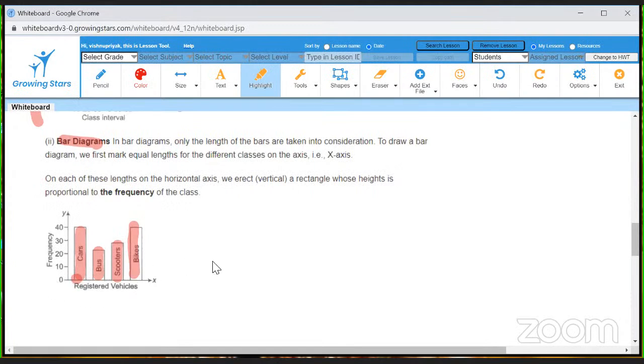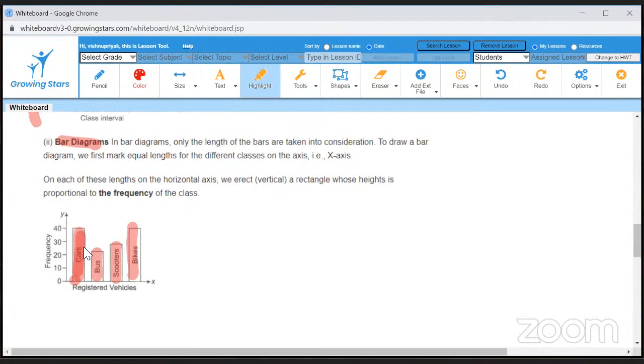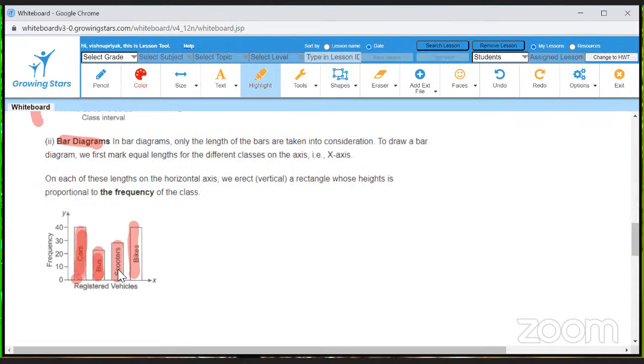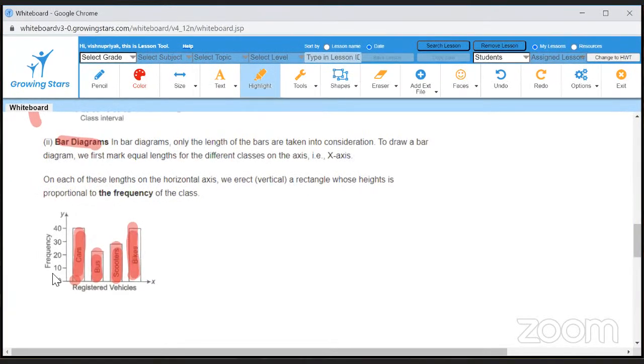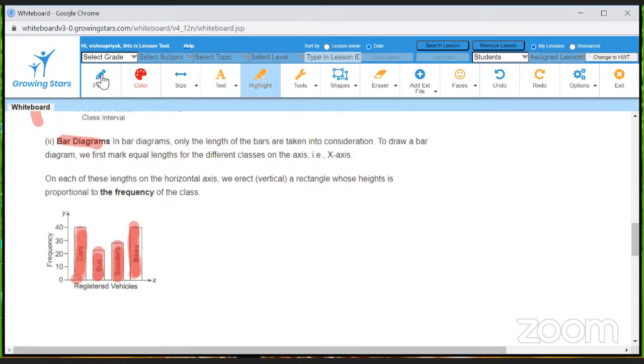You will not number anything. But each bar represents a particular thing. Like here you can see the first bar is for cars, second bus, third scooters, and fourth bikes.